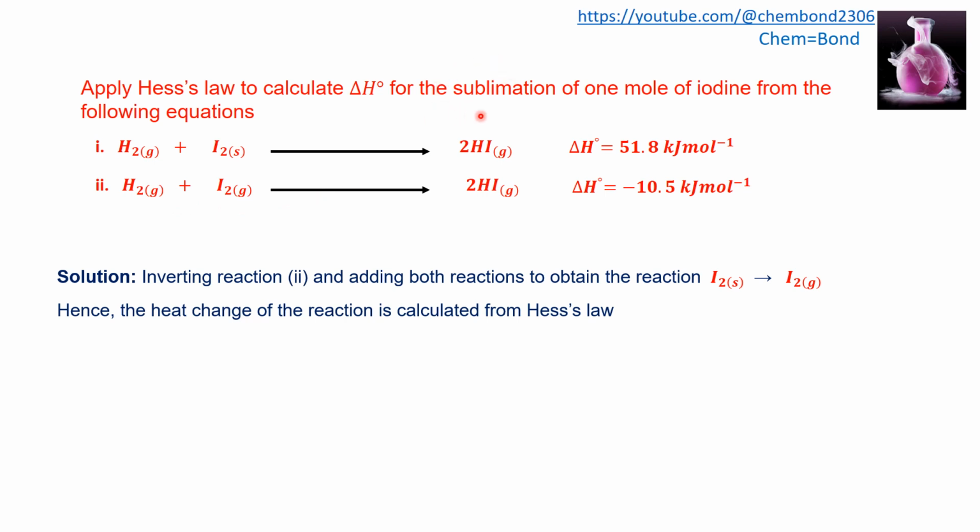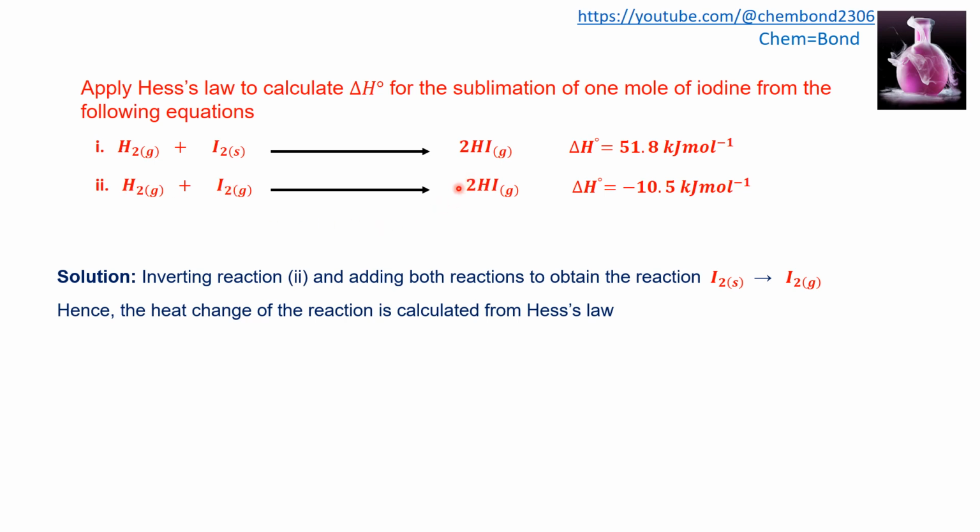Sublimation is the conversion of solid directly to gaseous form. So our desired reaction will be iodine solid converted to iodine in gaseous form. If we look at reaction 2, the iodine gas is present on the reactant side, and we want it on the product side.